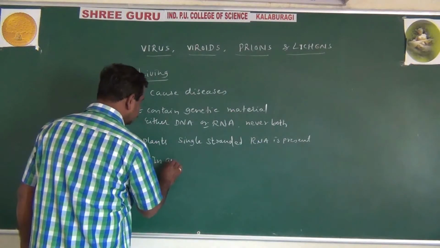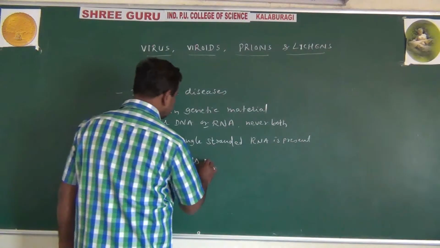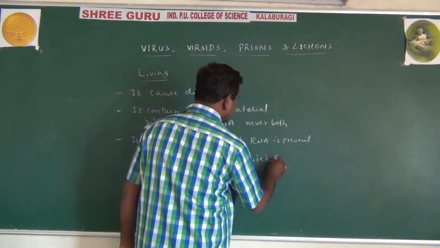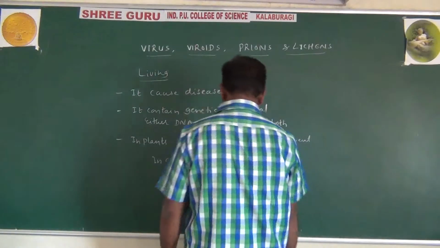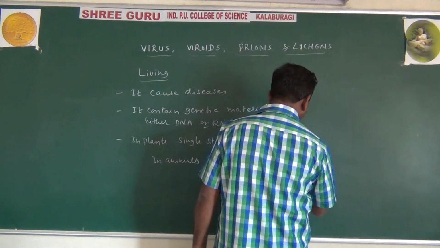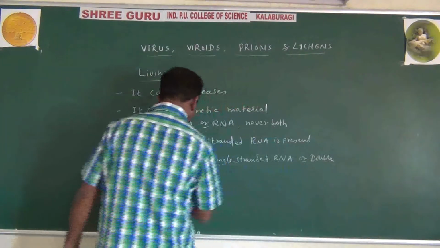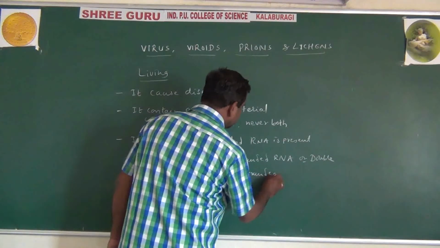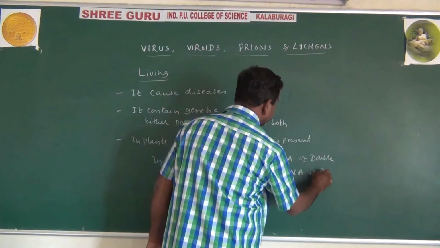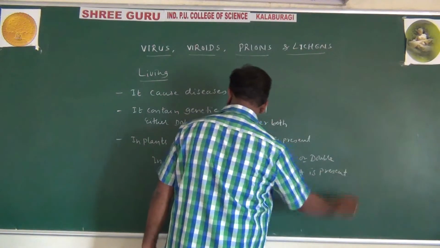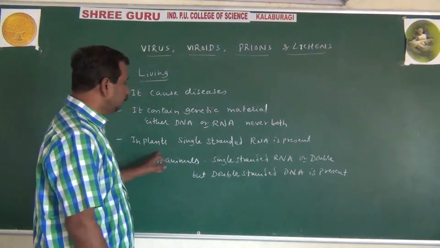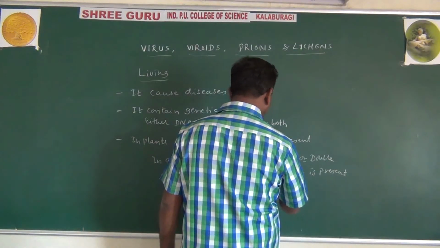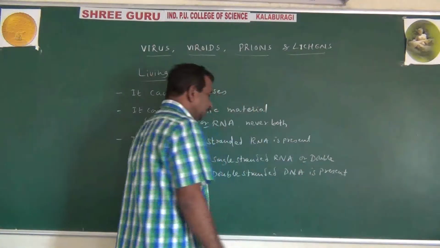In animals, single-stranded RNA or double-stranded, but double-stranded DNA is present.